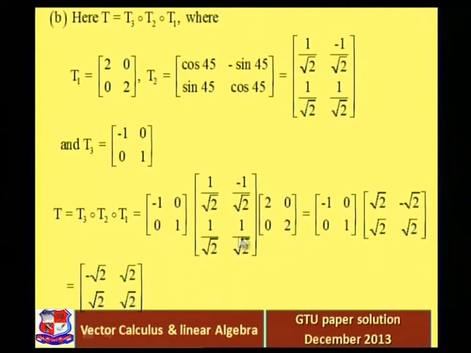Pick up the second row, then 1 by root 2 into 2 plus 1 by root 2 into 0, so we get root 2, and then 1 by root 2 into 0 plus 1 by root 2 into 2, so we get root 2. Now multiply these two matrices, we get minus root 2, root 2, root 2, root 2. So here is our final standard matrix.